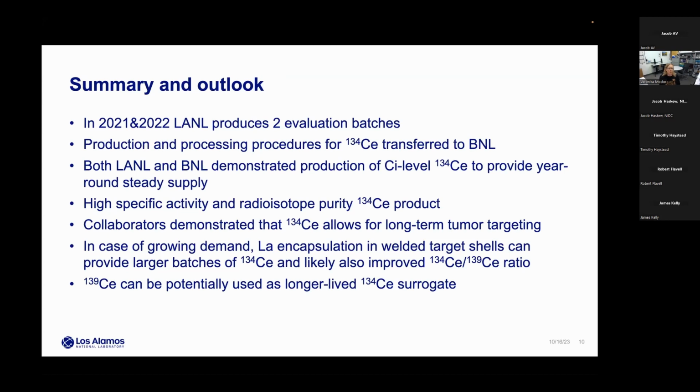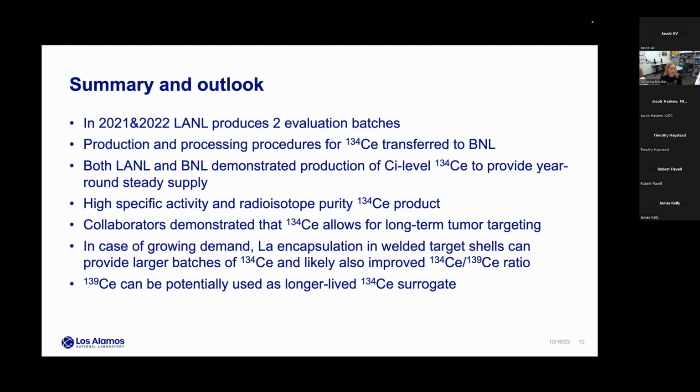Just as an outlook for us here at LANL, if there is a growing need for this isotope and we need to produce more, there is a possibility for us to encapsulate it in more robust welded target shells, which would let us use higher currents for production and provide more Cerium-134, and also allow for an improved 134-to-139 ratio.